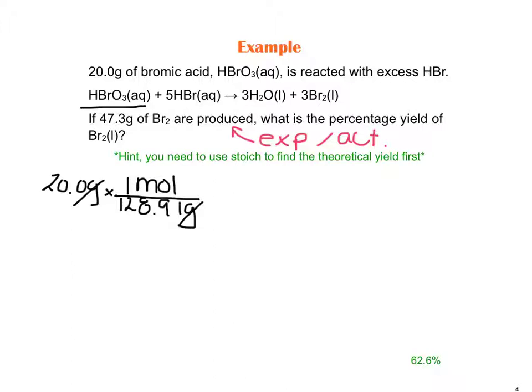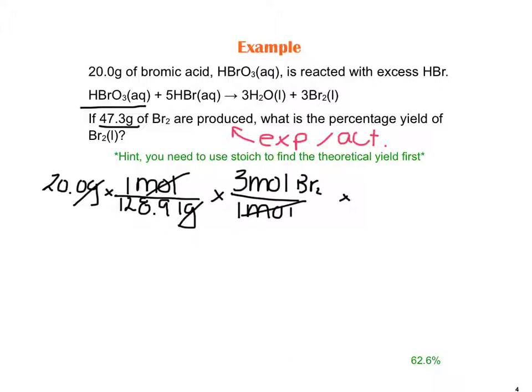Grams cancel, we're at our mole ratio. So 1 mole under 3 moles of bromine produced. All right, so we get those canceling. We're looking for mass because we do need to compare masses. We could compare moles if that's what we had, but usually it's mass.